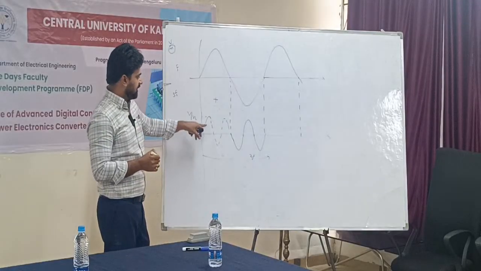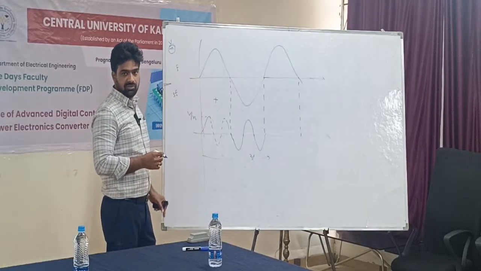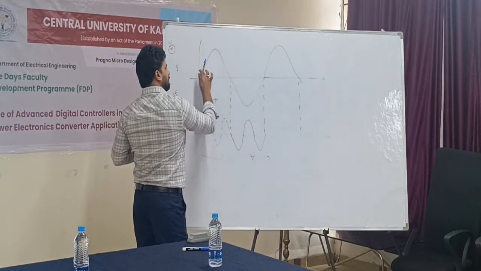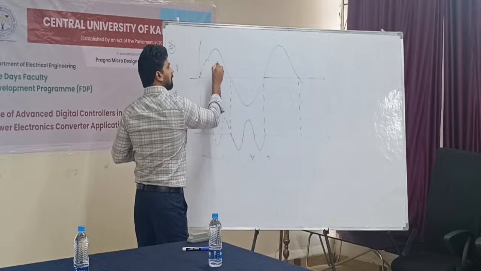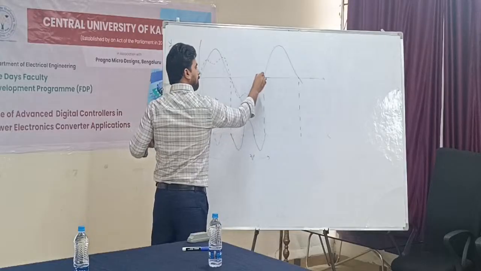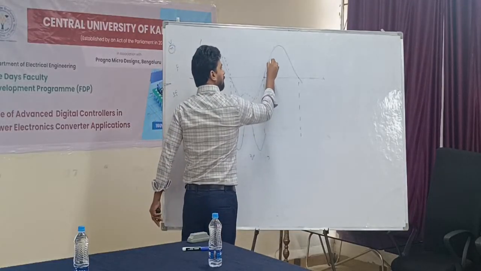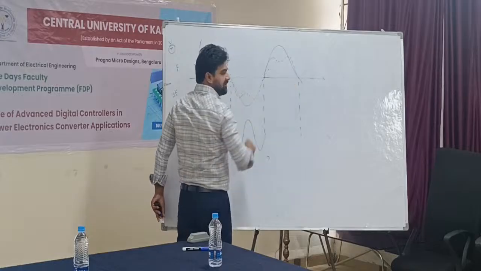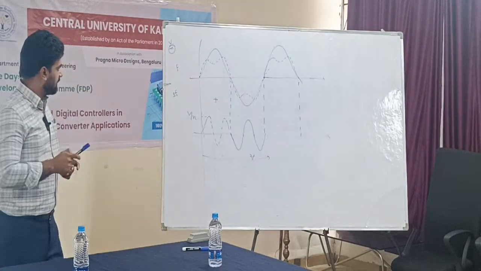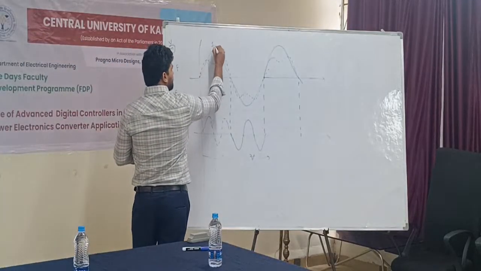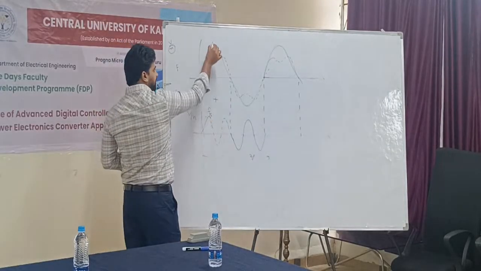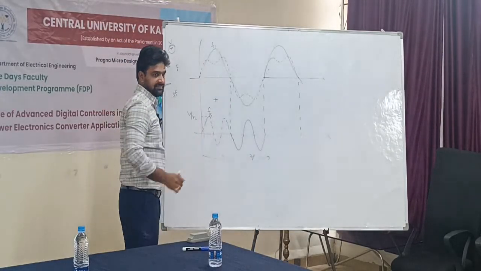If you add this voltage component with this fundamental component, this will be the shape of the voltage. That means when you find a fundamental component F1 like this, and the F3 is like this, the resultant of F1 plus F3 will be like this.